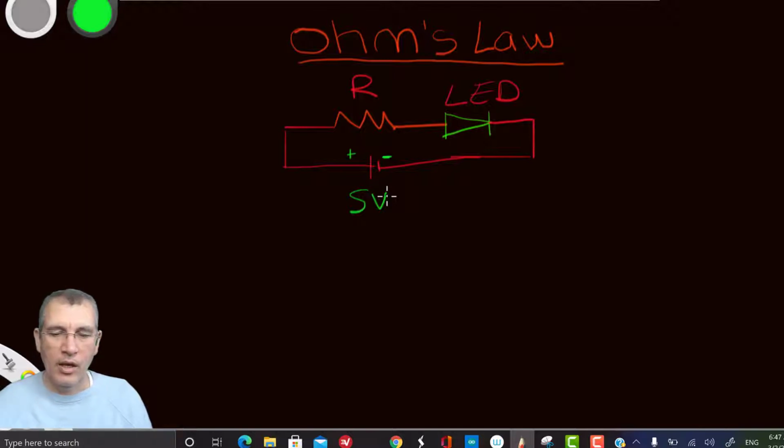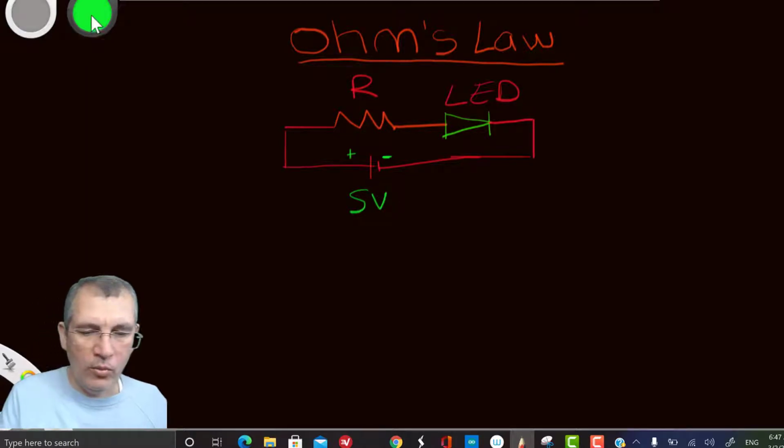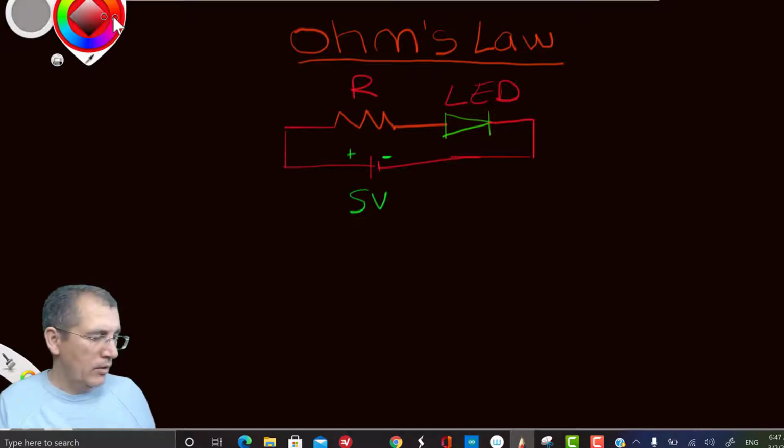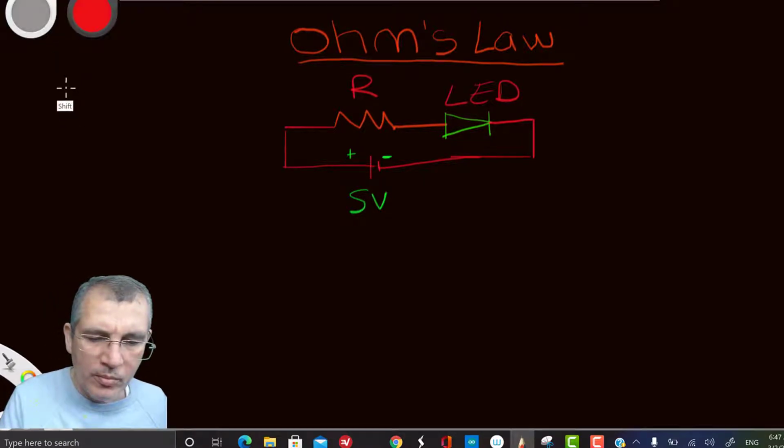Okay, and now let's compare these circuits. Since we're going to be talking about voltage and Ohm's law, let's make a simple analogy to understand current, resistor and voltage. So let's draw a water tank. Just something simple here, not a fancy drawing.